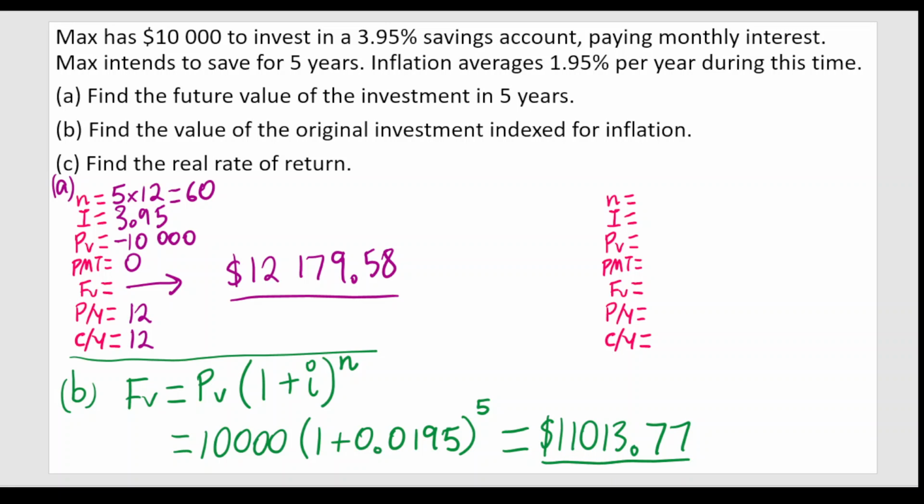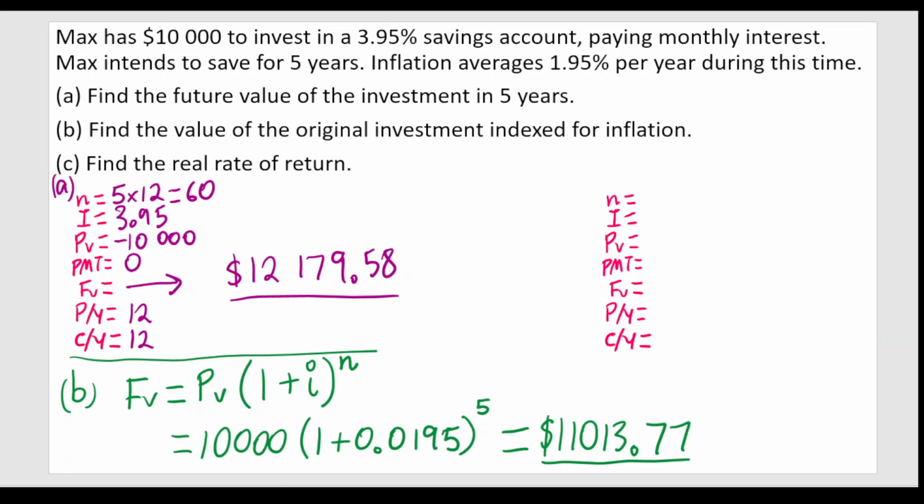So what Max could buy for $10,000 5 years ago is now going to cost him $11,000. That's one of the more sort of base level understandings that we're hoping that you can utilize this for. So your money becomes worth less over time because they basically have more of it. More of it is printed, etc.